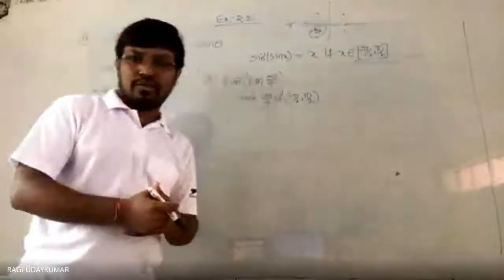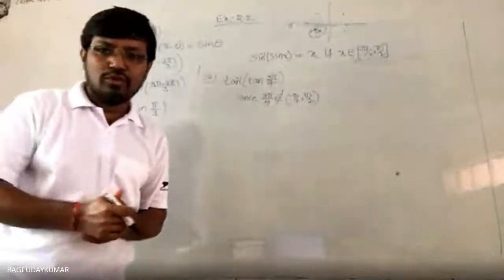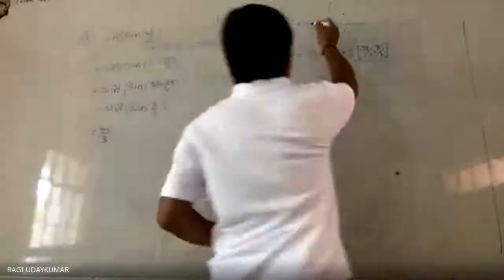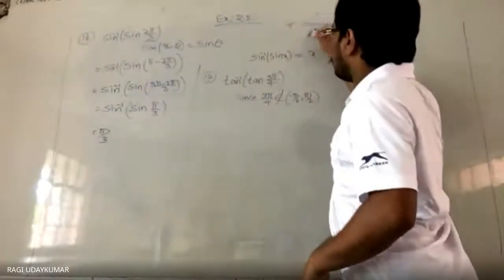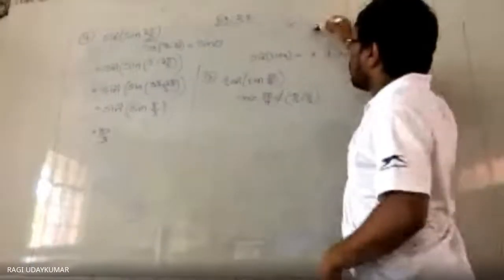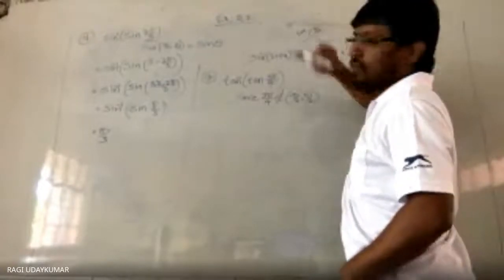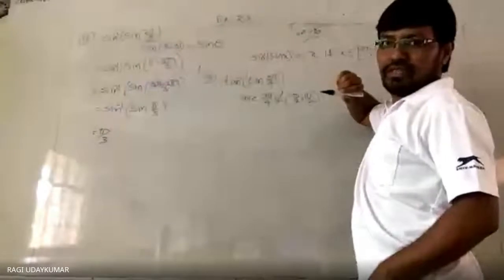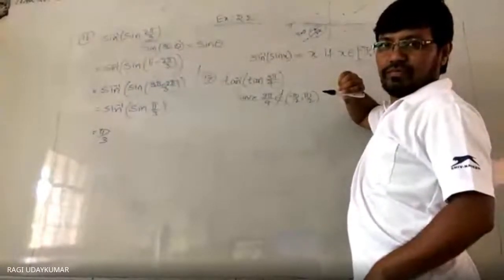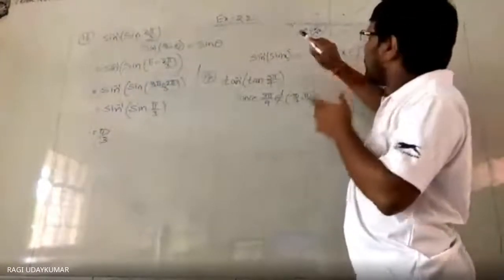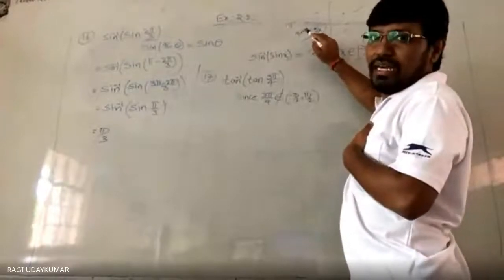Here, the 3π/4 is tan. Tan is positive in the third quadrant and the first quadrant. Third quadrant is nothing but π plus θ.